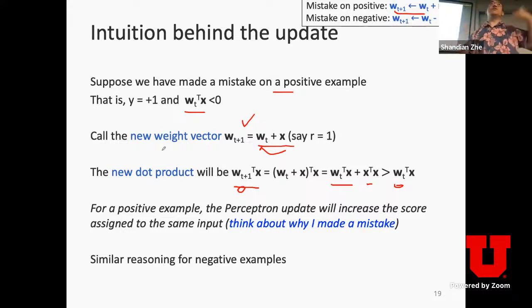So at least you need to increase your score. That kind of explains why this perceptron update is reasonable, because it updates the model toward the right direction, increasing the score and trying to make it positive so that I can correctly classify this positive example. Does it make sense?